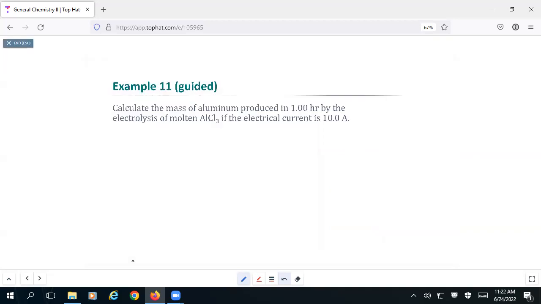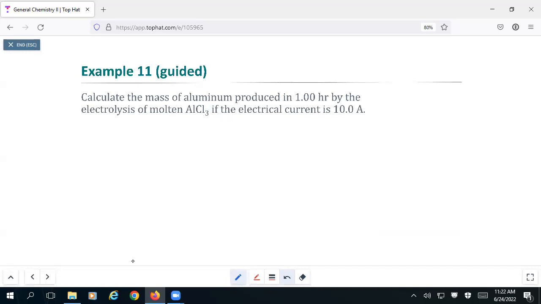So let's take a look at an example. Calculate the mass of aluminum produced in 1 hour by the electrolysis of molten aluminum chloride if the electrical current is 10 amps. Now, based on what happened yesterday, can we answer the question why we're doing this in molten aluminum chloride instead of aluminum chloride solution?